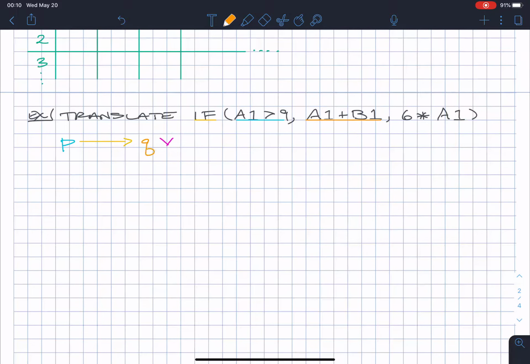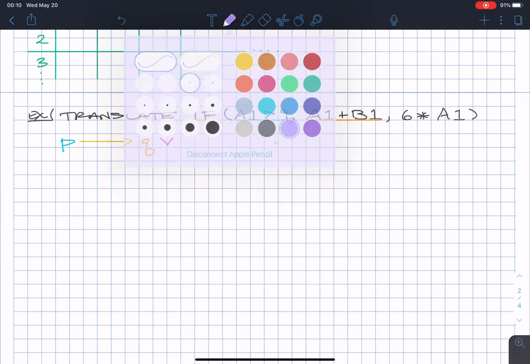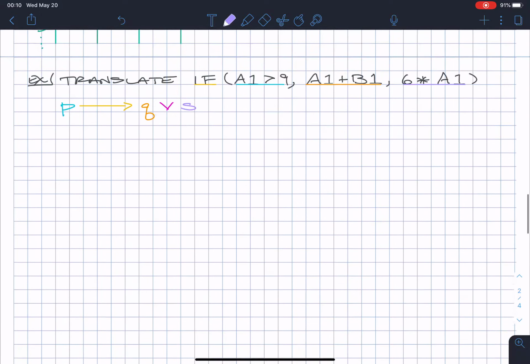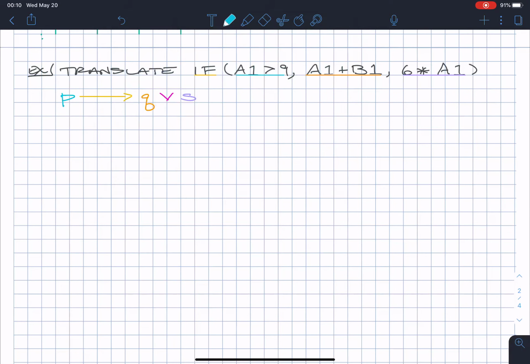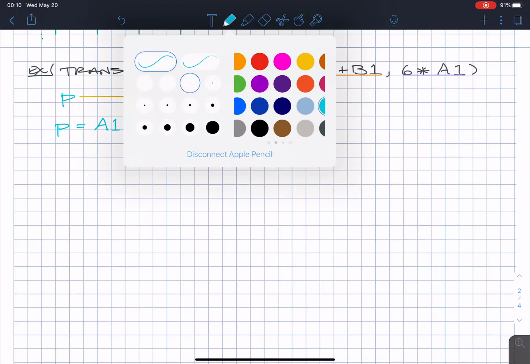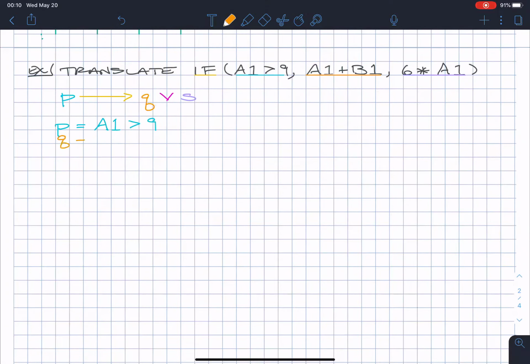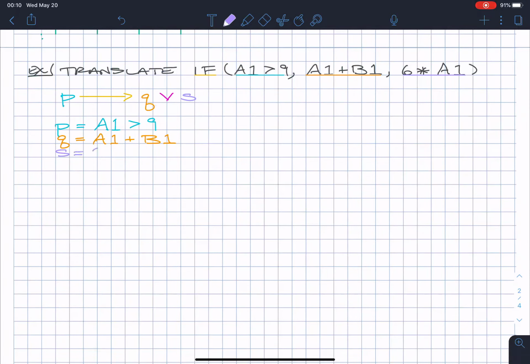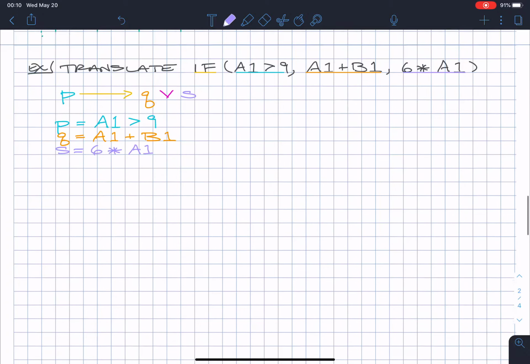So Q, then the final guy S. So otherwise S is in. So how do I translate this? So P is A1 is greater than 9. Q is A1 plus B1. And S is 6 times A1.